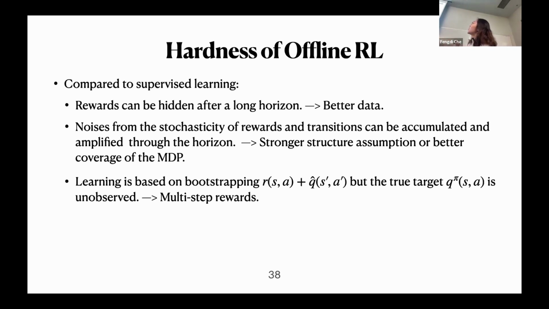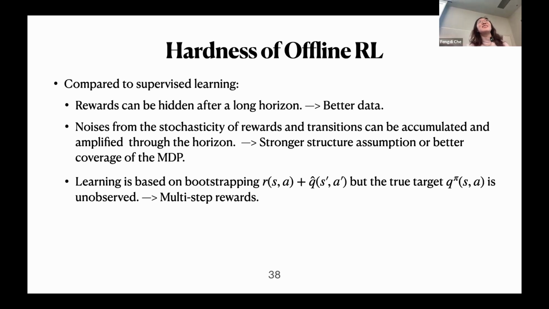Just the error is increasing exponentially. And the reason for that is it implies maybe our Q-pi realizability assumption is not strong enough. Or on the other hand, we need better coverage of the MDP, just the supervised learning thing does not work.